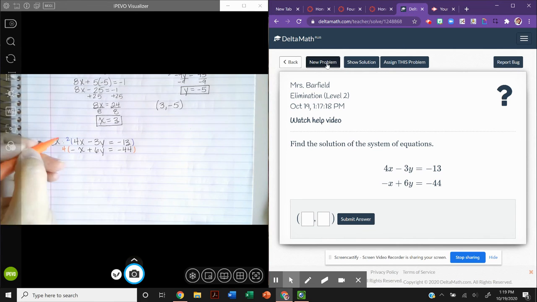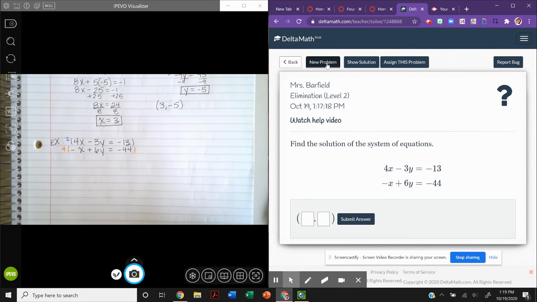Now, some of you may be asking, "What about positives and negatives?" Yes, you can multiply by -2. You could multiply by -4. It's just that you have to ask yourself when you go to solve, are you going to add the equations or can you subtract to get the equations to eliminate the variable? So that's the only thing you have to work with. I'm going to be honest with you.